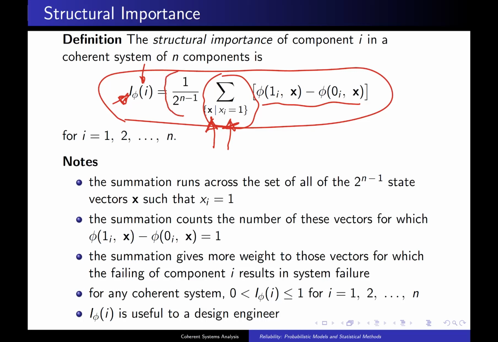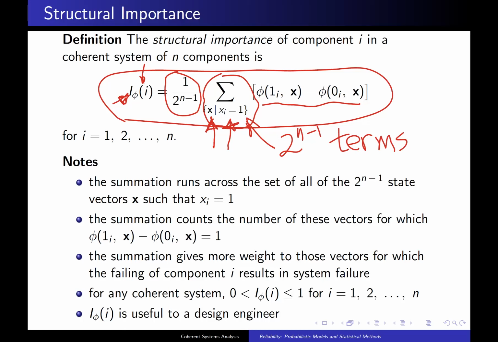Finally, this normalizing constant right here is going to keep all structural importances between 0 and 1. And the reason why is there are 2 to the n minus 1 terms in the summation. So if you divide by 2 to the n minus 1, it will keep the structural importance between 0 and 1. Here are a couple notes. The summation runs across all of the sets of the 2 to the n minus 1 state vectors such that x_i equals 1.